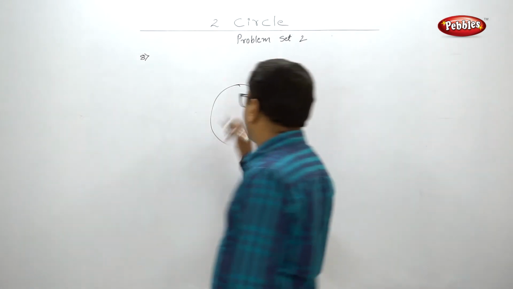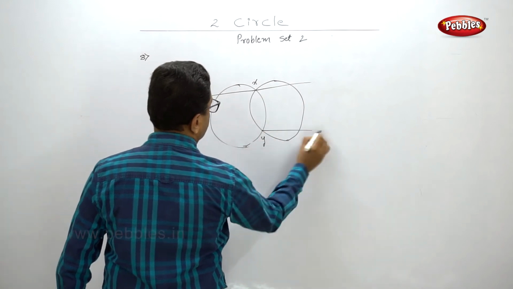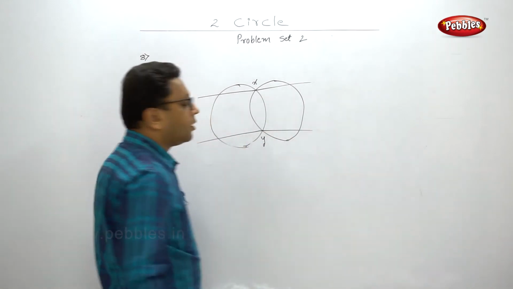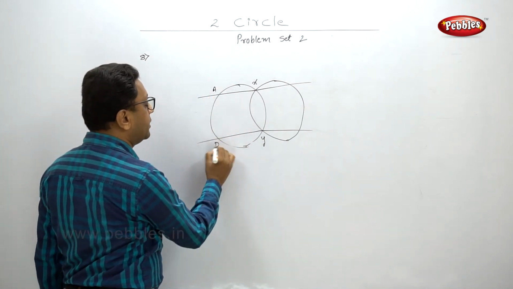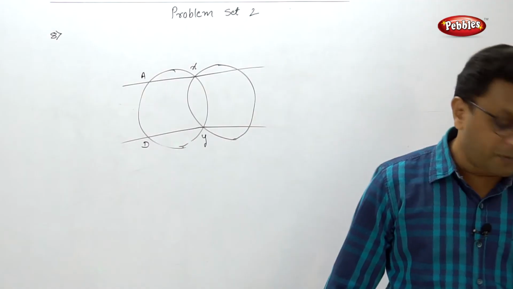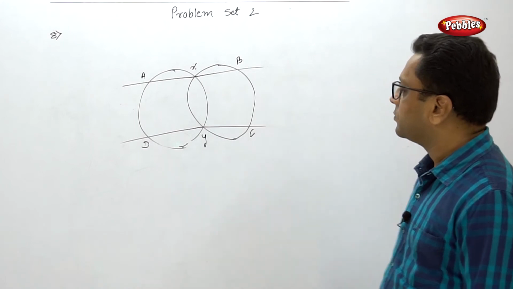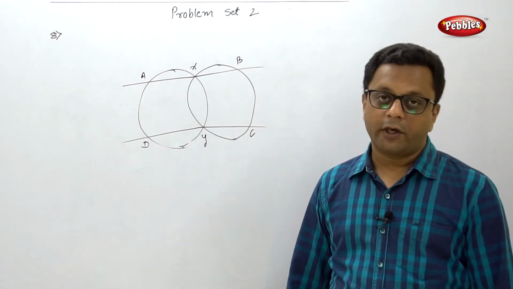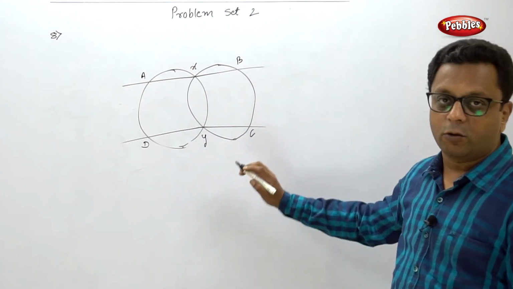Now, we have two secants. One circle is intersected in A and D, and the other circle in B and C. Generally we write like this: we write the upper one first and then the lower one.